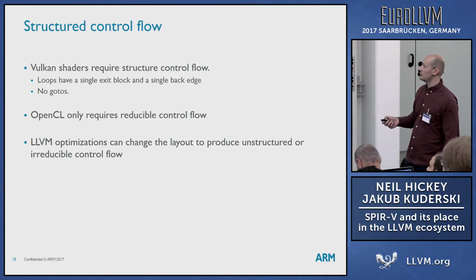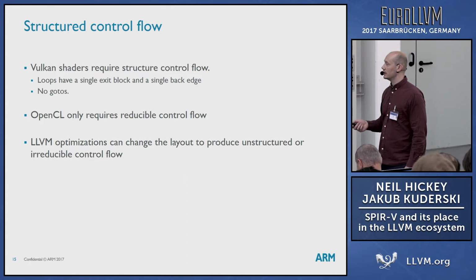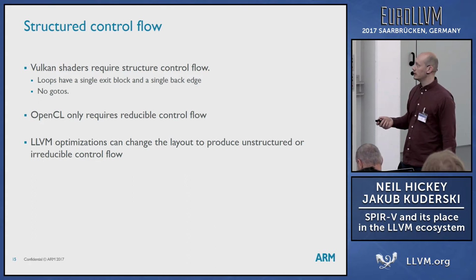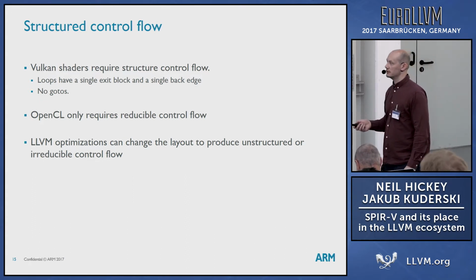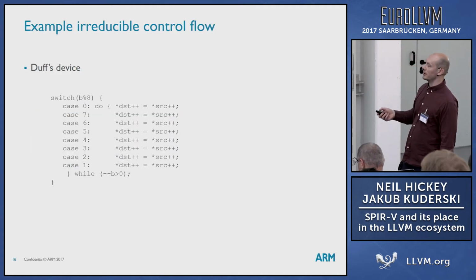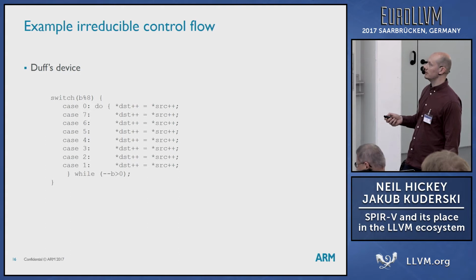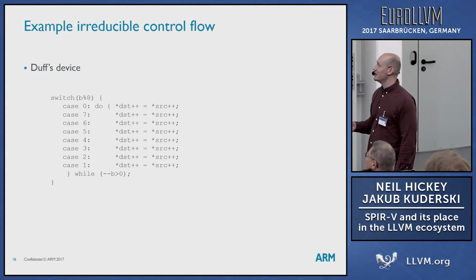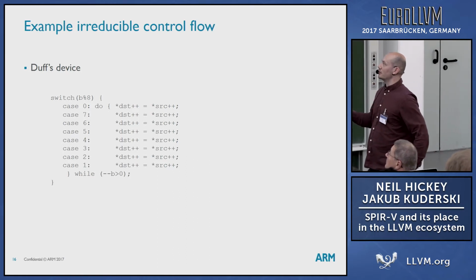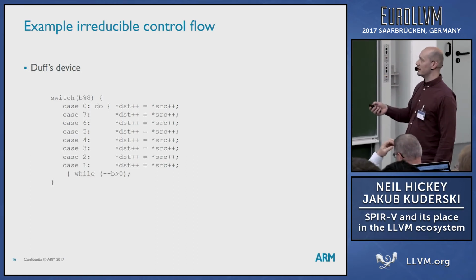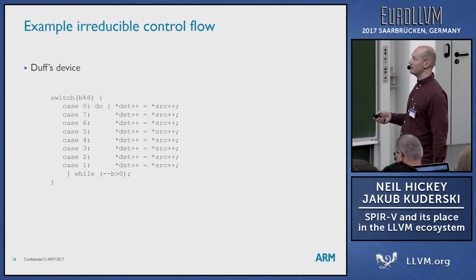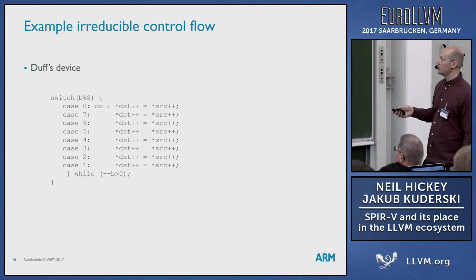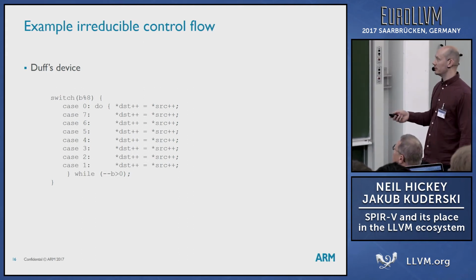One of the issues is that some LLVM optimizations can introduce changes to the code that result in certainly unstructured or possibly irreducible control flow. Just one of the examples, I'm sure you've all seen this one before, of an irreducible control flow problem is Duff's device. So this would be difficult to implement in Vulkan. If your LLVM compiler ends up producing something similar to this, then you're going to have undefined behavior on OpenCL and certainly on Vulkan.